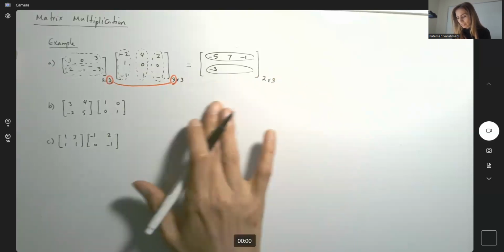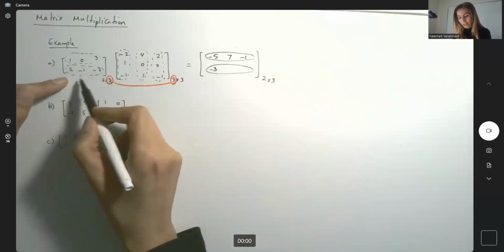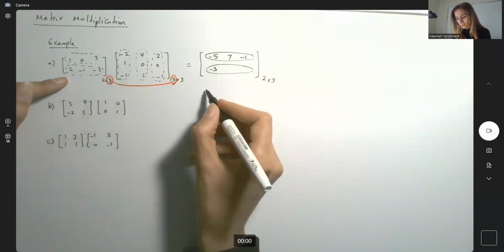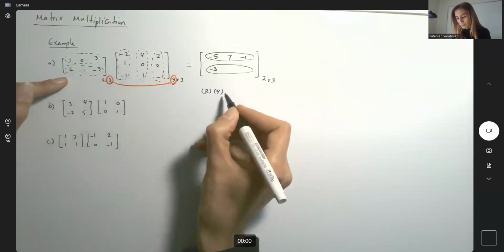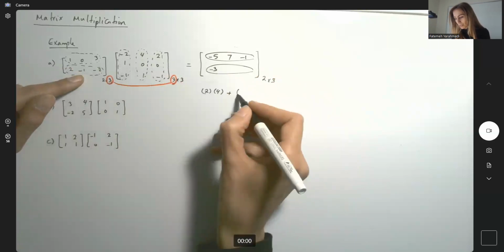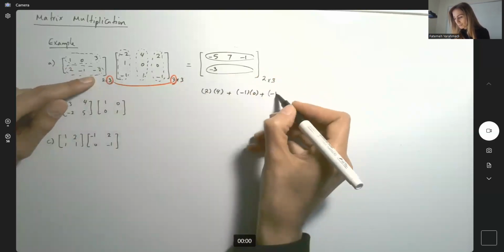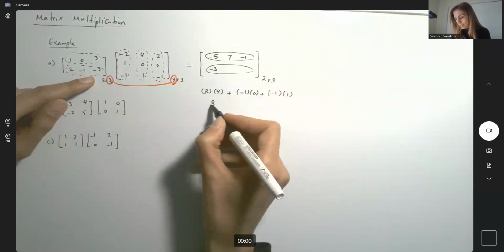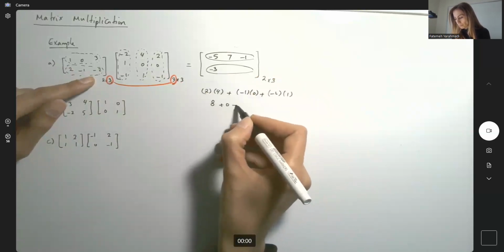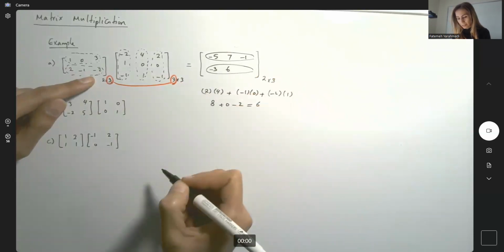So let us move on to the next one, the last row and the second column. 2 times 4 plus -1 times 0 plus -2 times 1. This is 8 plus 0 minus 2, which is 6.